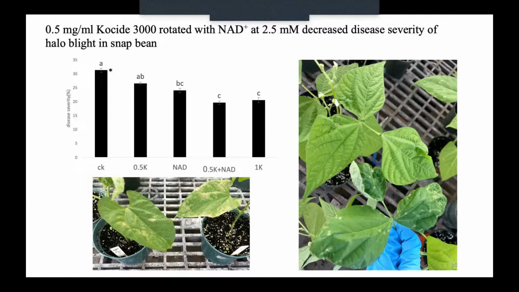We didn't get lucky with fungicide on squash, but when we used the copper-based bactericide, half dose of the bactericide rotated with the NAD can achieve the same effect as the full dosage. So NAD at 2.5 millimolar applied by spray improved the efficacy of half dosage of the bactericide against halo blight on snap bean.